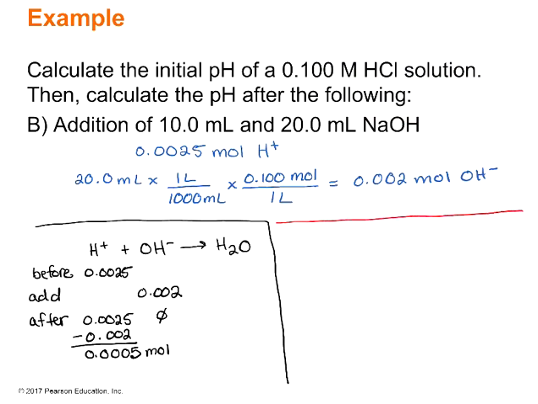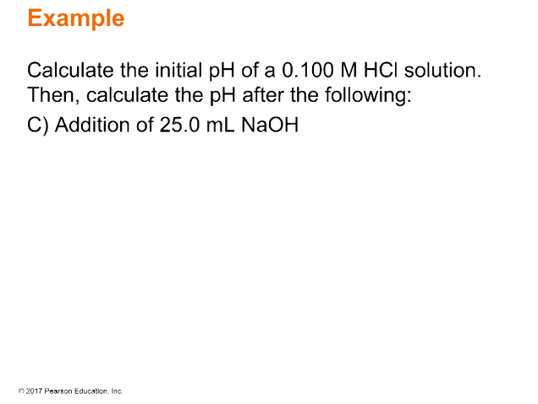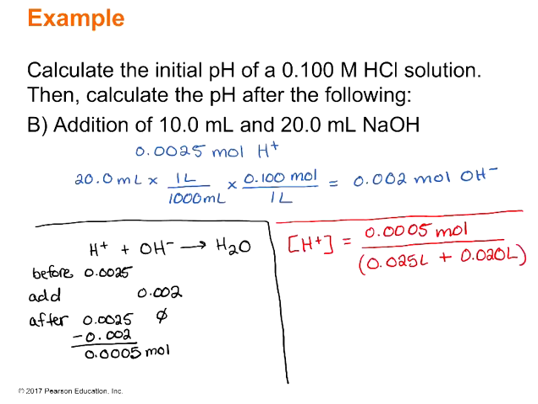Okay, so now let's calculate the pH. Same as before, but this time we have 0.0005 moles of hydrogen ions. And our total volume is 0.025 liters plus 20 milliliters, which converted to liters is 0.02. Oh, sorry. So that means that our new total volume is 0.045 liters.